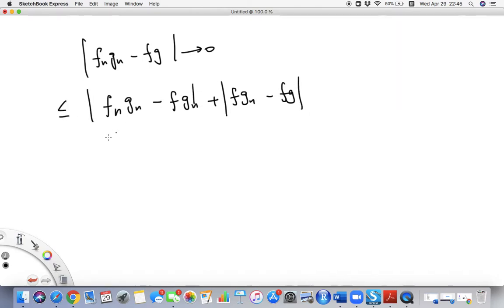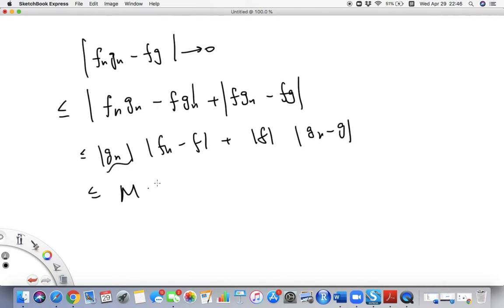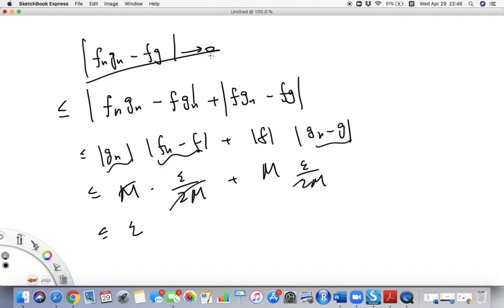Now this we can factor out a gn, fn minus f, and that we can factor out an f. So gn is bounded by m, and we can choose m big enough. So that's less than epsilon over 2m, and this is less than m, that's again less than epsilon over 2m, and then everything cancels, that's less than epsilon, so that shows it goes to 0.